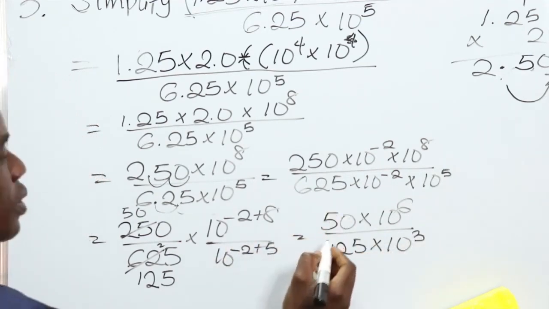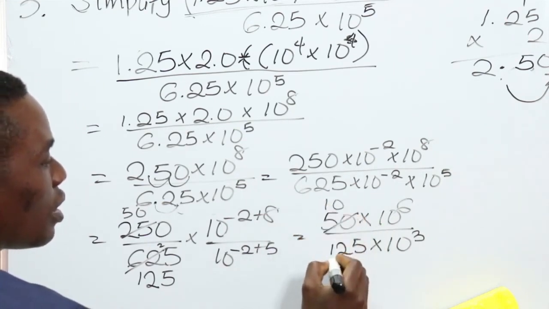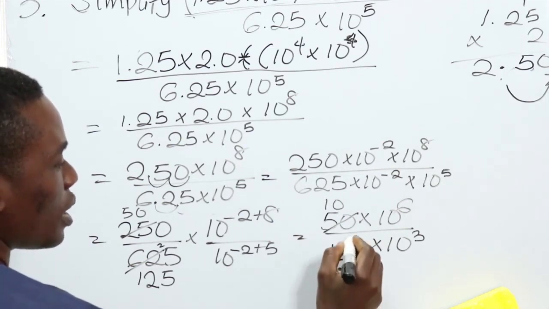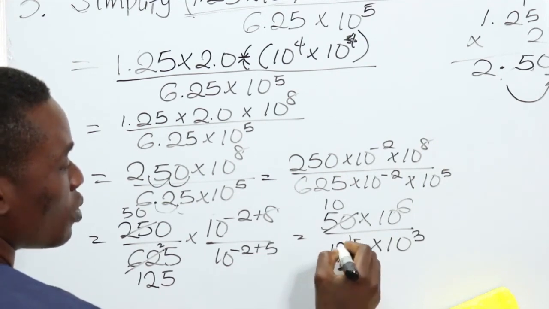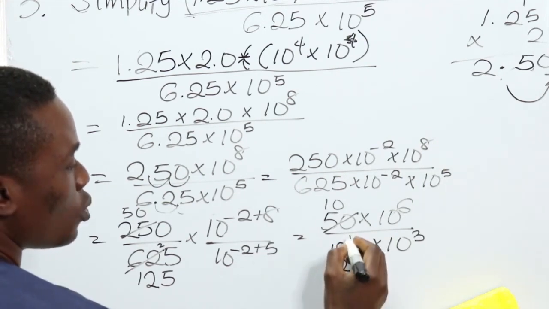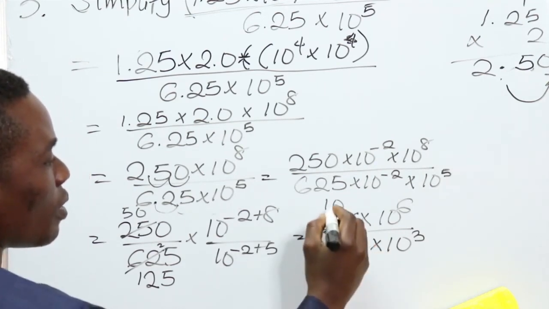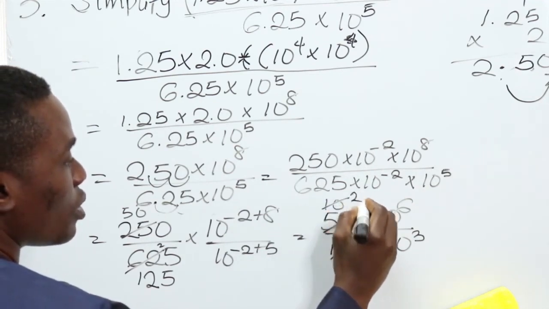So reduce this further. 5 will go here to give us 10, 5 in 12 will give us a 2, remainder 2. Then 5 in 25 will give us a 5. 5 will go further to give us 5 in 10 will give us a 2.